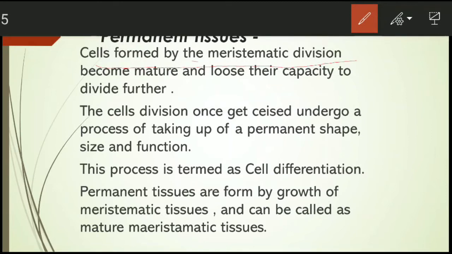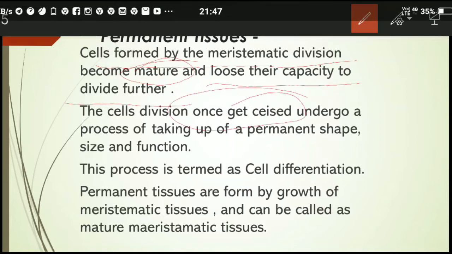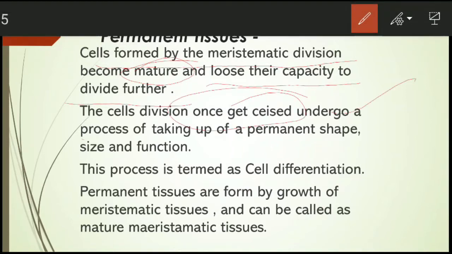Since the meristematic division is continuous and the multiplication of cells is also continuous, those newly manufactured cells mature, they grow, and after a certain time they lose their capacity to divide further. Once their division has ceased, they undergo a process of taking up a permanent shape, size and function.